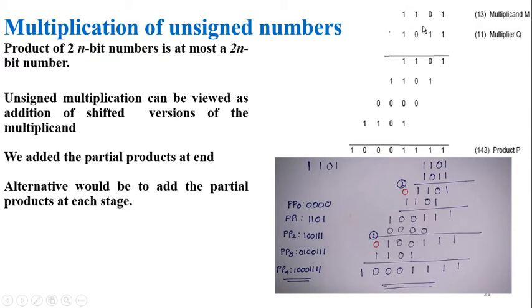Here, while multiplying the multiplicand with the last bit of the multiplier, we write down the multiplicand without any shift. While multiplying the same multiplicand with the second bit, we shift one bit left, then write down the multiplicand.